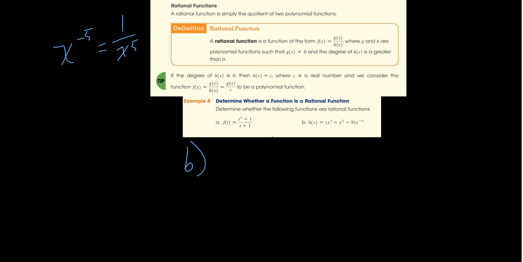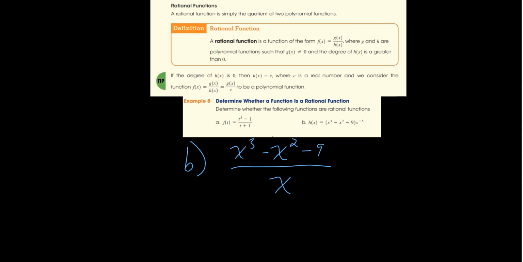So if I rewrite this with a non-negative exponent, this would be x cubed minus x squared minus 9, all over x to the fifth power, okay? Because this is the same as being multiplied by 1 over x to the fifth, and therefore it's just in the denominator. So it looks a little tricky, but b is also indeed a rational function.